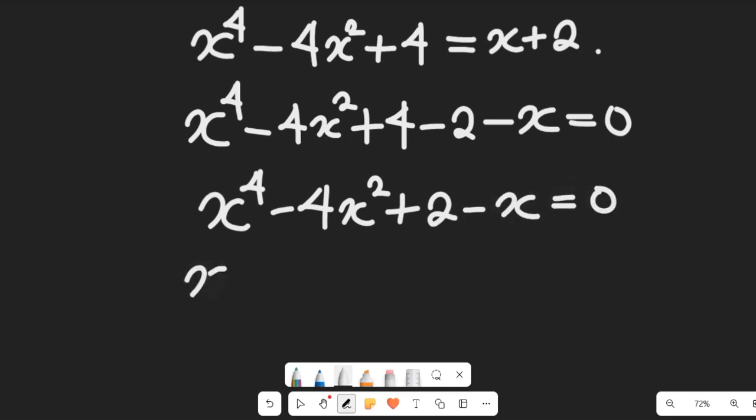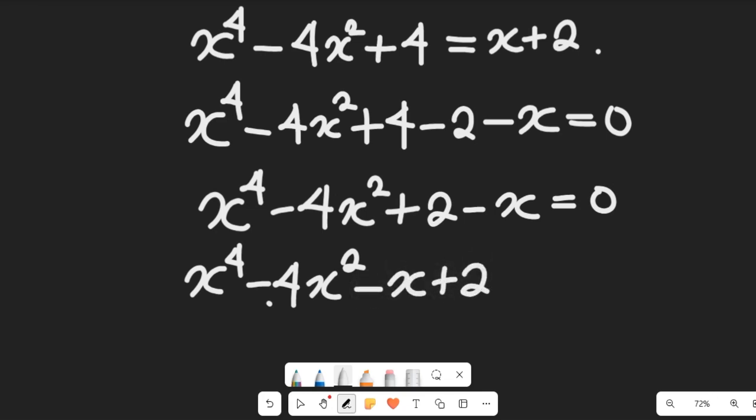So this expression will give me x to the power of 4 minus 4x squared minus x plus 2 equal to 0. So I want this x to be to the power of 1.